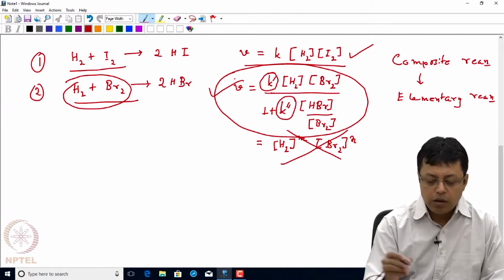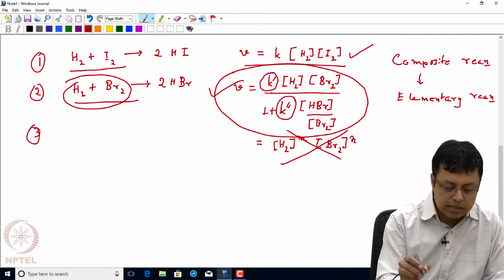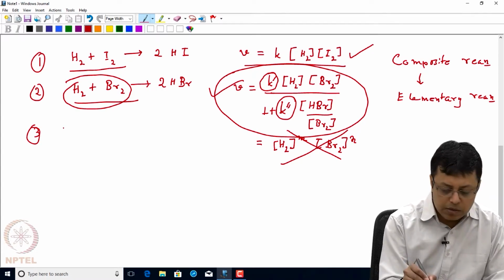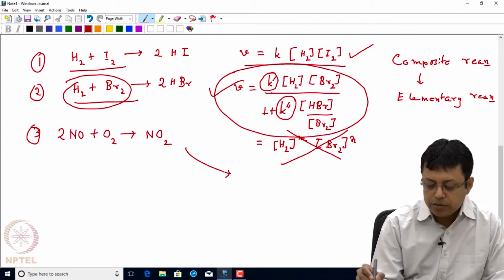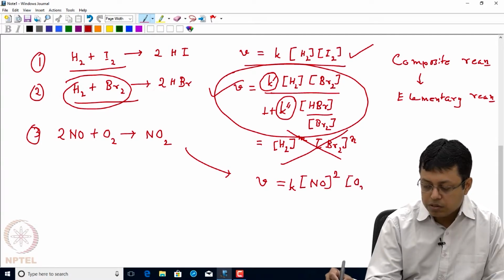Now I will give you a few more examples. Just like we gave you the example of hydrogen and iodine to give you hydrogen iodide, there is also another example, nitric oxide and oxygen giving you nitrogen dioxide. For this reaction, the rate of the reaction is found to be some rate constant times nitric oxide squared and oxygen.